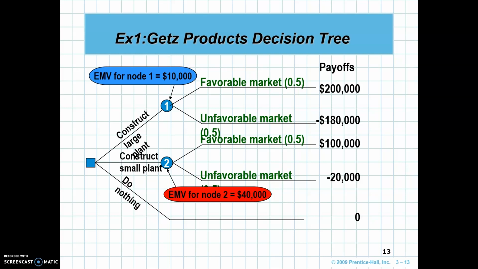So you will be calculating the EMV value for that as well, right? The highest EMV value is selected, obviously, right? And it is for node 2, so we are selecting node 2 and constructing a small plant as the best decision to be taken.